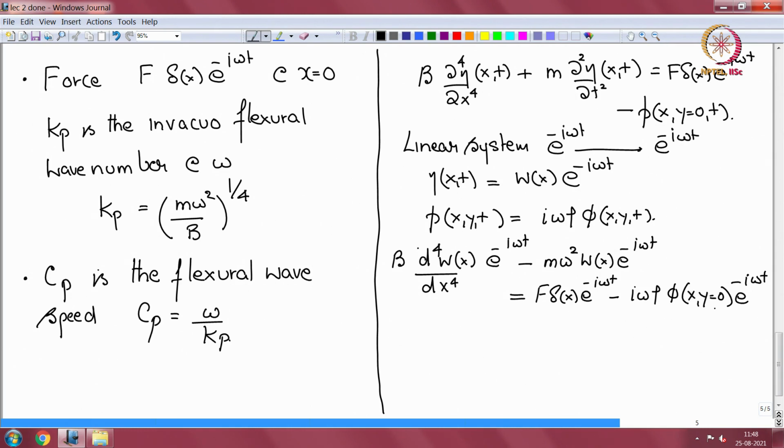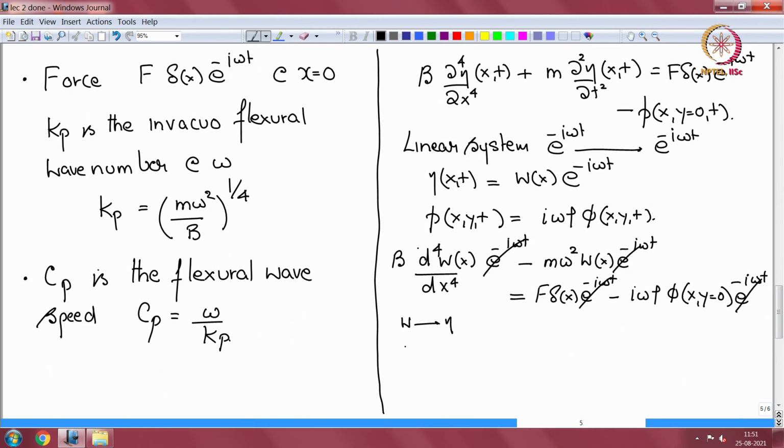Actually phi of x comma y and phi of x comma y comma t are slightly different, but I don't want to keep changing notation. So this goes away. Now I will replace w with eta for my own convenience.